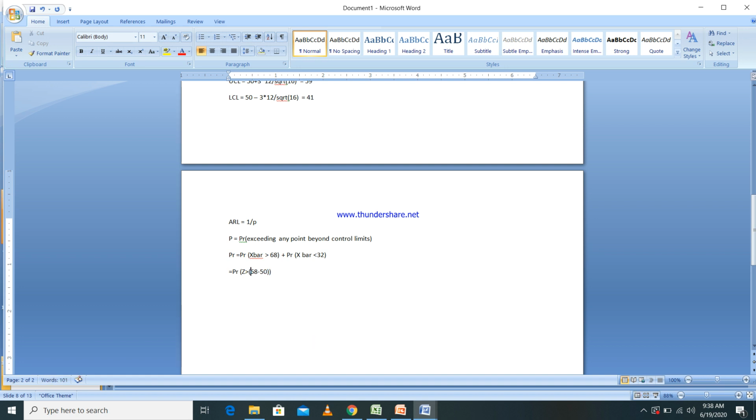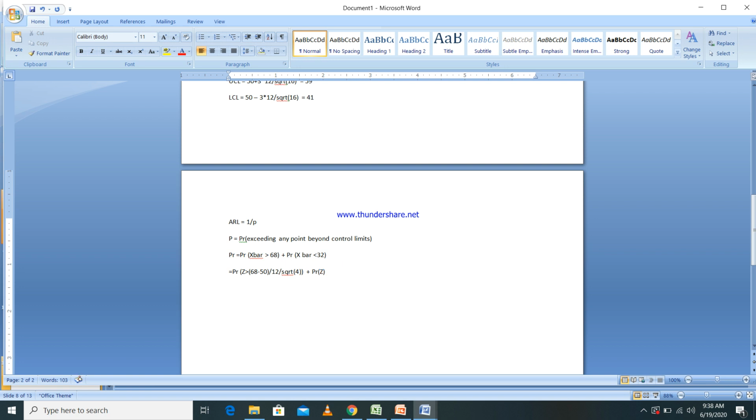So since we are considering the sample mean, the standard deviation value is 12 over square root n. So n is 4, you can take it as square root 4. So this probability you can calculate, or else you have the probability of receiving any point less than the lower control limit, that is x bar less than 32.